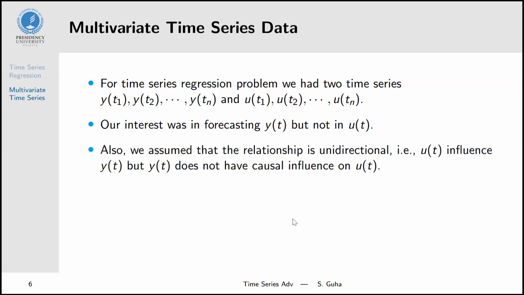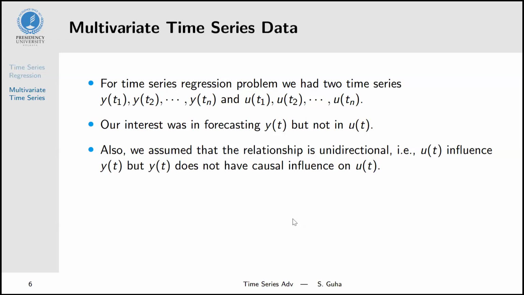Also, in that case, we assume that the relationship is unidirectional, like UT influences YT, but the vice versa is not true. That means UT influences YT, but YT doesn't have an influence over UT. If the temperature is increasing or decreasing too much, the effect will definitely be seen in the number of dengue cases.